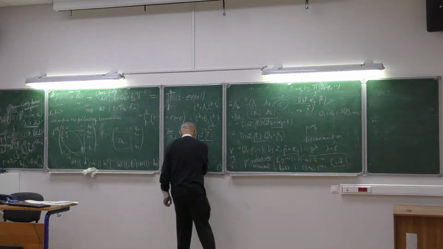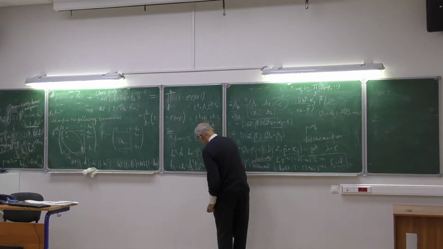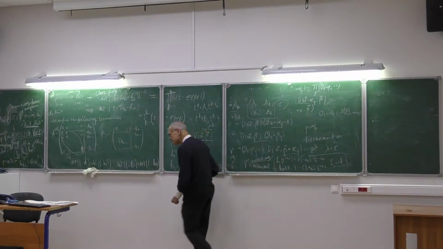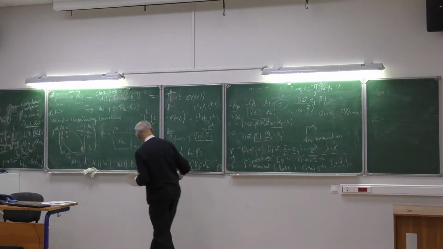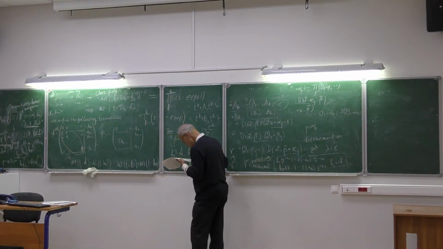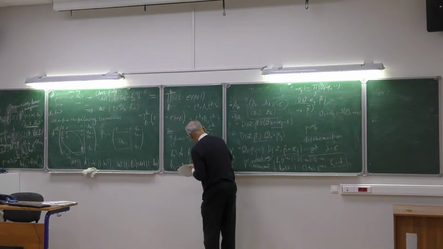So this matrix H1 minus identity, it is A minus B, isn't it?